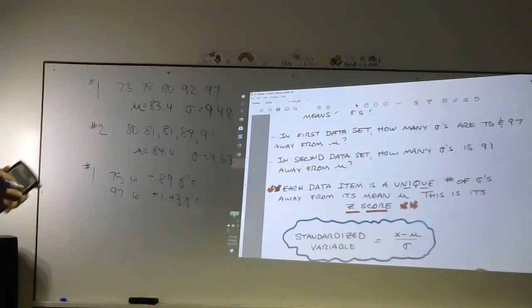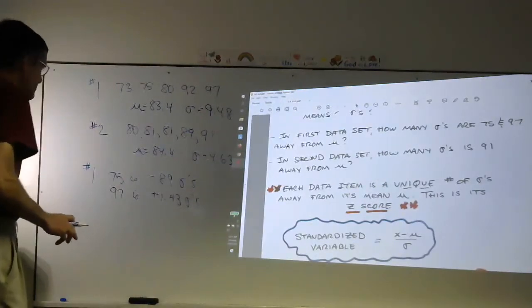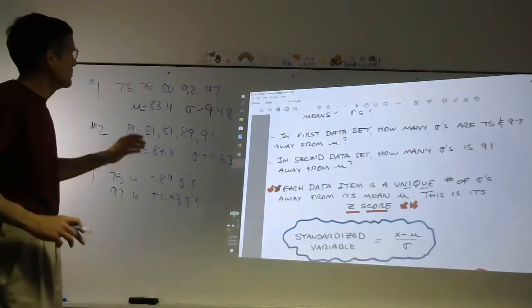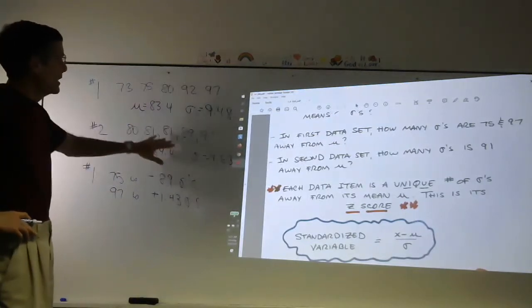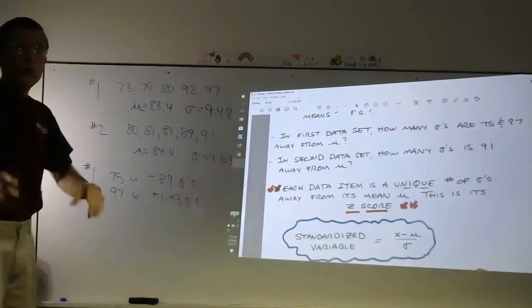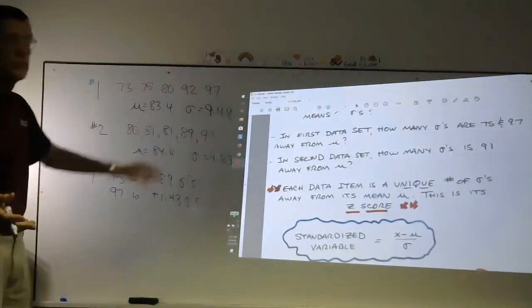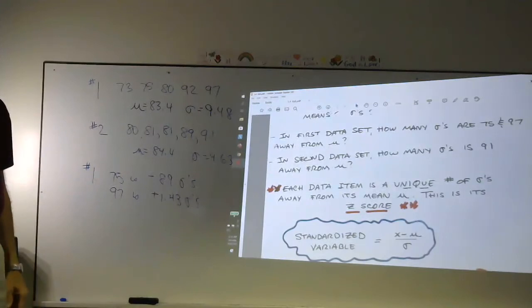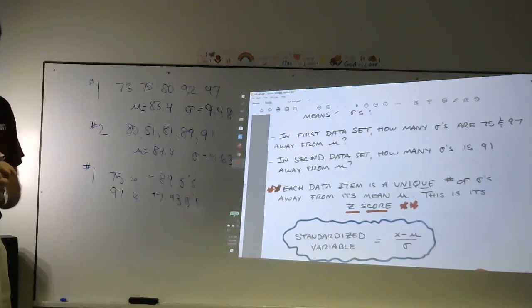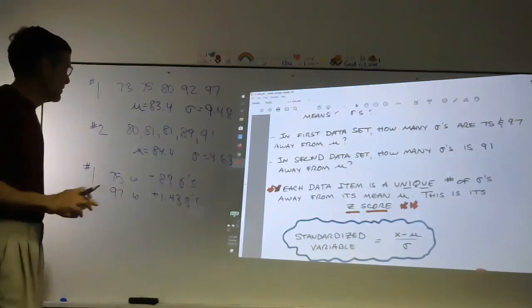Now the beauty of what I'm doing here is that no matter what your data is, you can always compare two sets of data, as different as these two sets are, if you look at how many standard deviations they are from the mean. It's kind of fascinating.